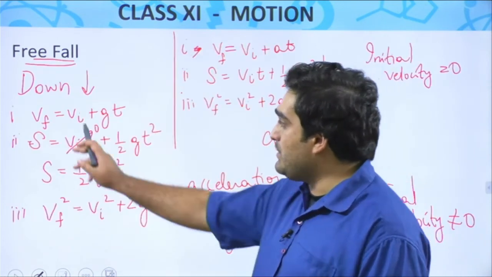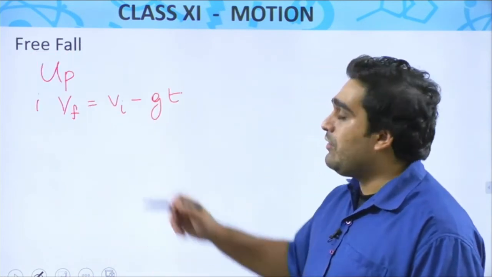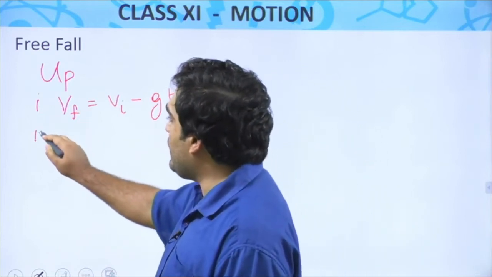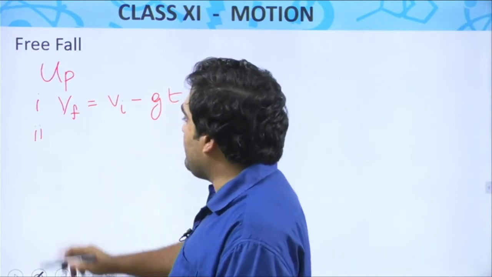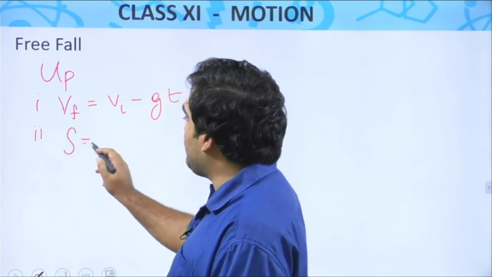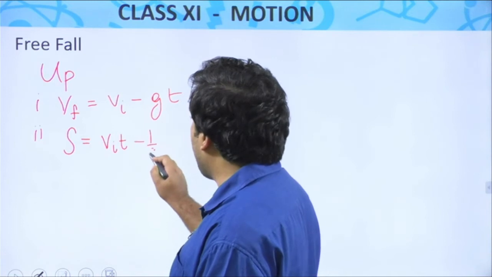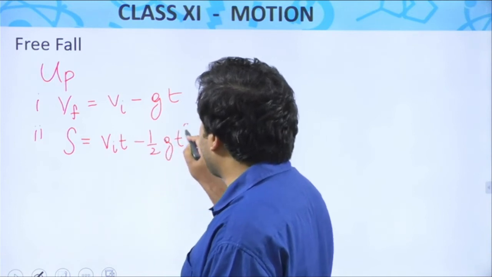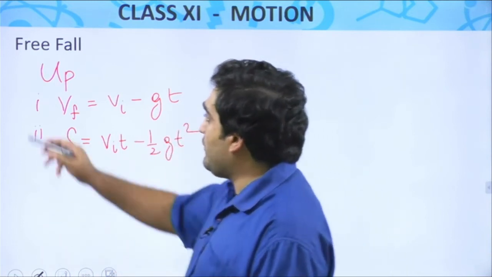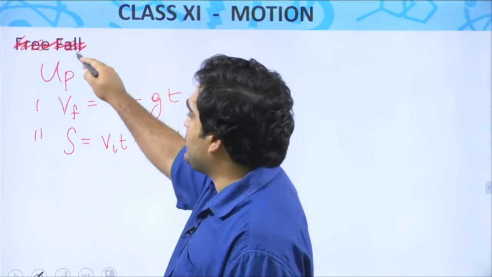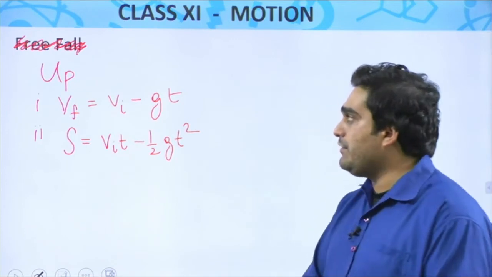In the previous case it was plus, and now it is minus because the object is moving up. Now, the next one is S equals Vi T minus half G T square. But this is not for an object under free fall.